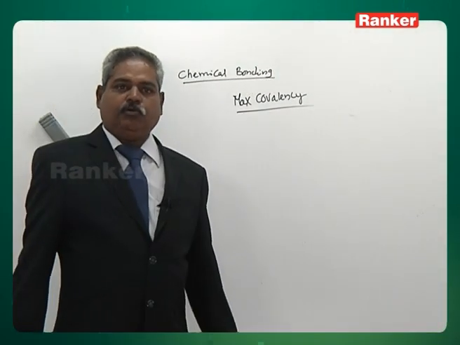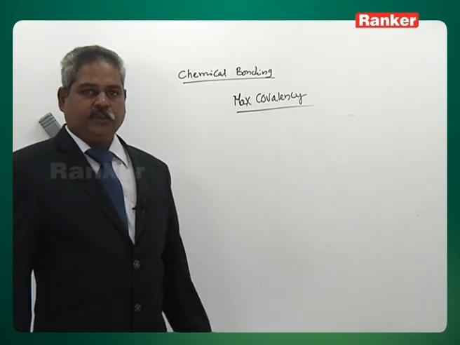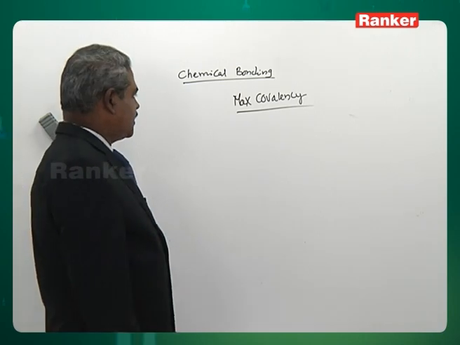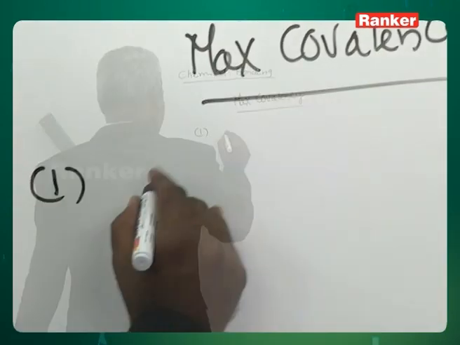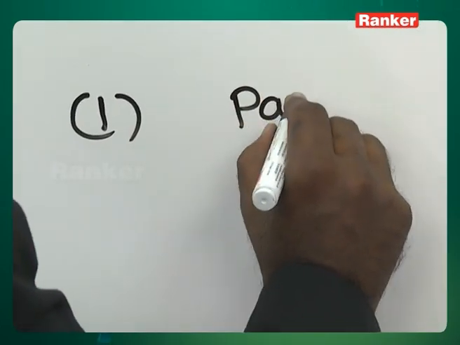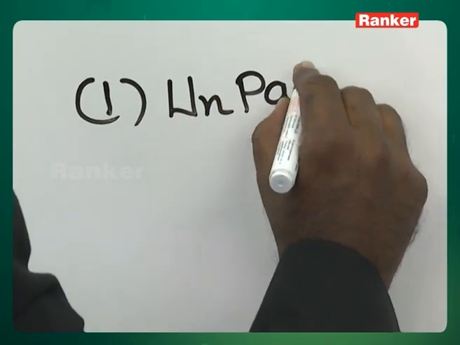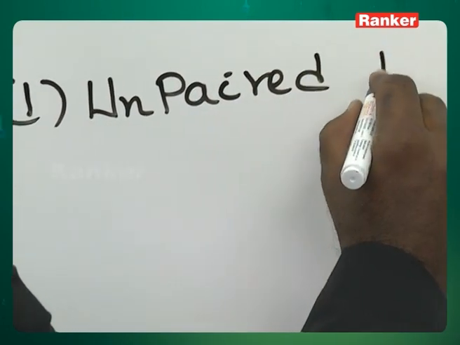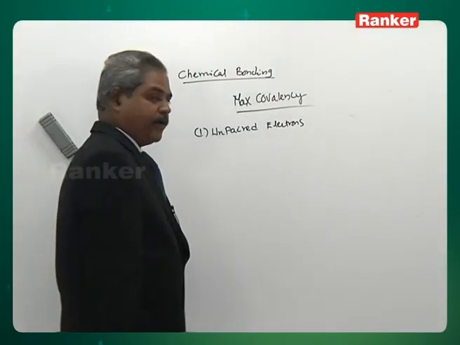What is the maximum covalency of nitrogen? What is the maximum covalency of phosphorus? Whenever such a question arises, how to find that? First of all, unpaired electrons. Suppose there are unpaired electrons in the electronic configuration.